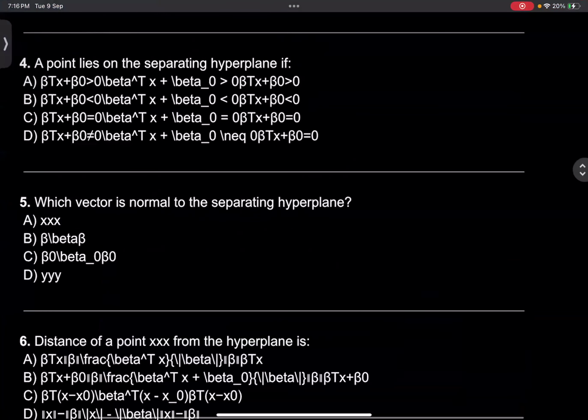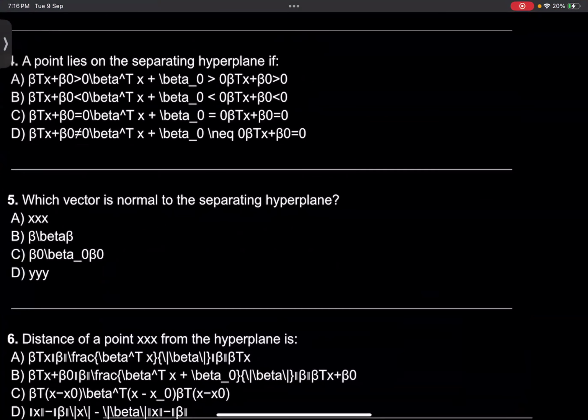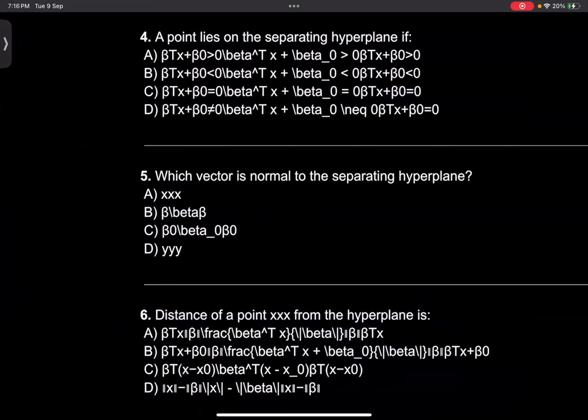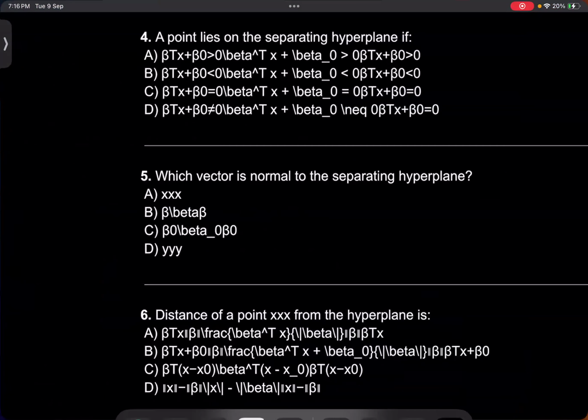Now, which vector is normal to the separating hyperplane? It's beta naught, it's y. Basically, it's x, beta naught, y. While copying, actually, it got messed up.